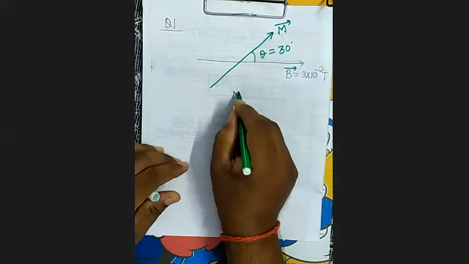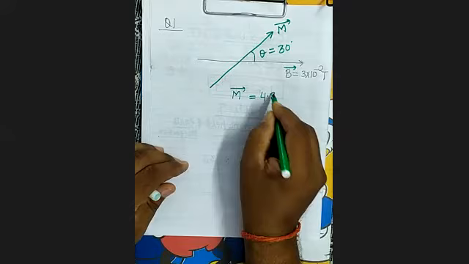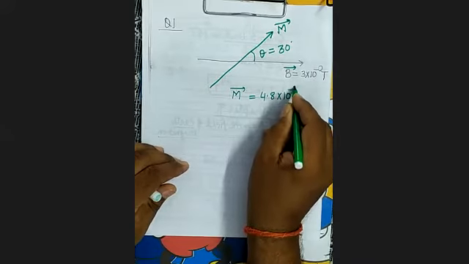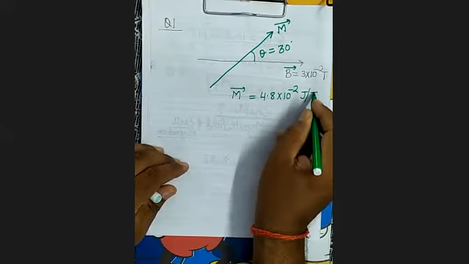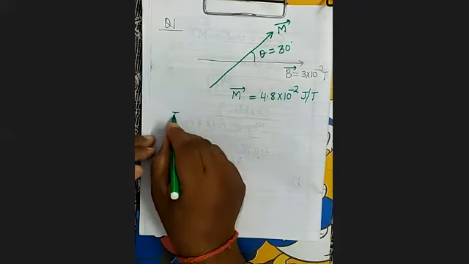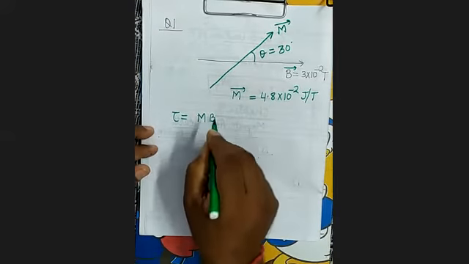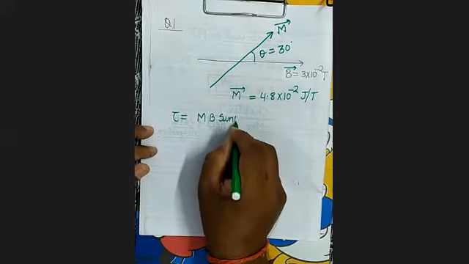Here the magnetic moment is given as 4.8 into 10 to the power minus 2 joule per Tesla. You have to determine the magnitude and direction of torque. So tau equals mB sin theta. We know this is the formula.